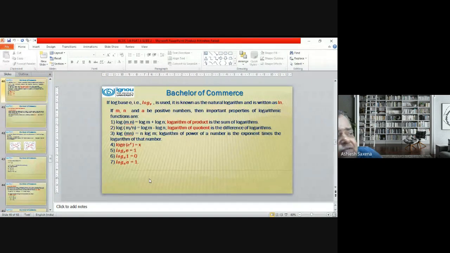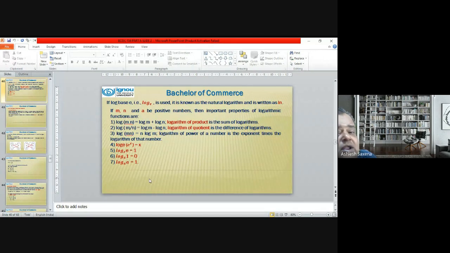Now, as I told you, log is used for multiplying big numbers. That means we have 7 properties of the logarithmic function. If we have log mn, that is equal to log m plus log n.